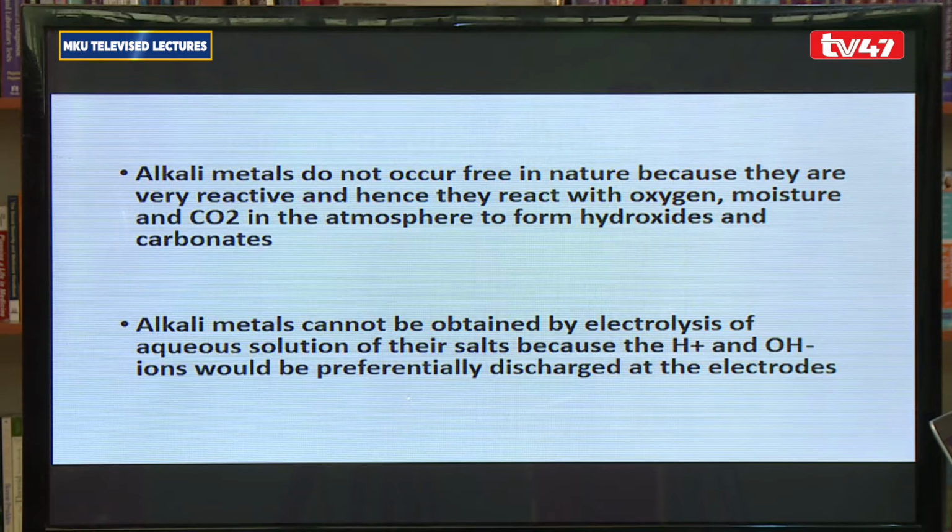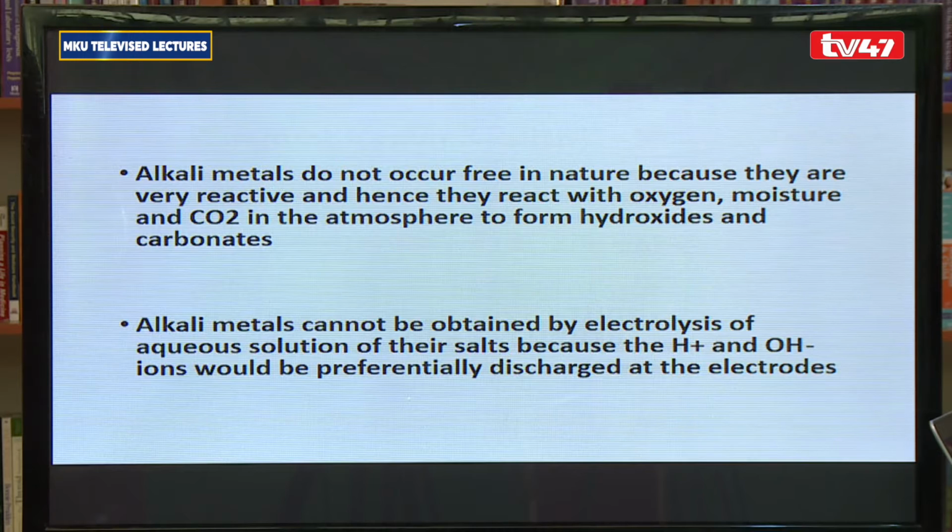Then it can absorb water from the atmosphere to form hydroxide. Then we know that potassium hydroxide and sodium hydroxide are able to absorb carbon dioxide. So again, it can absorb the CO2 to form a carbonate. Because these elements are very, very reactive, they do not occur free in nature.